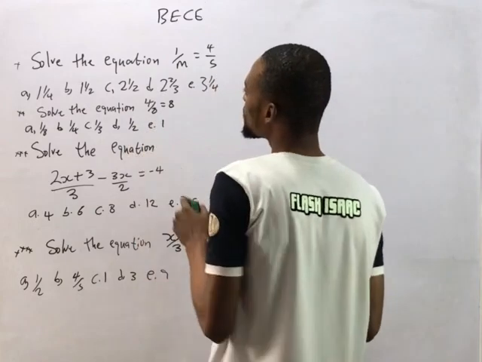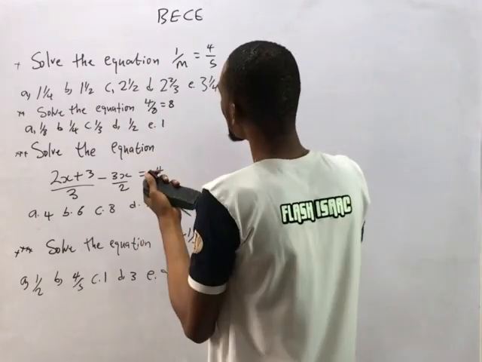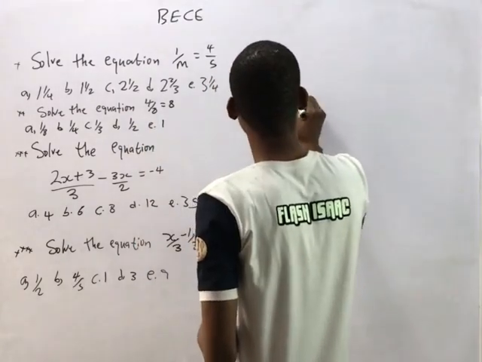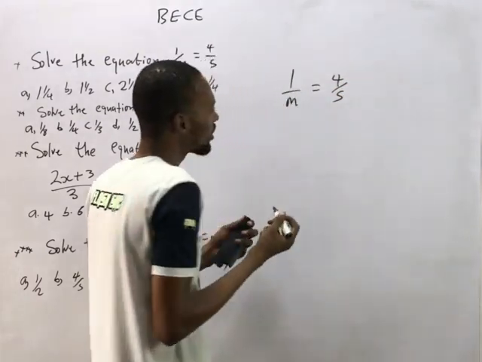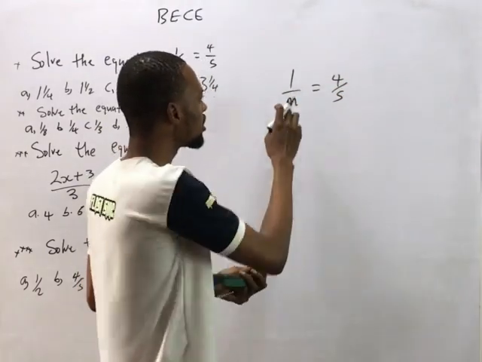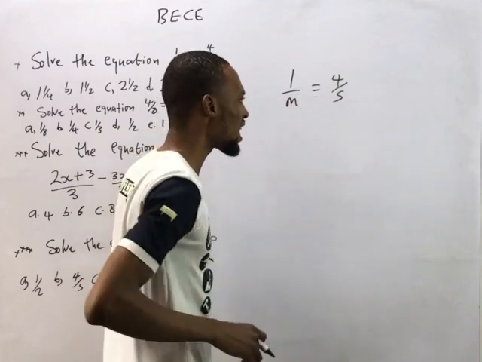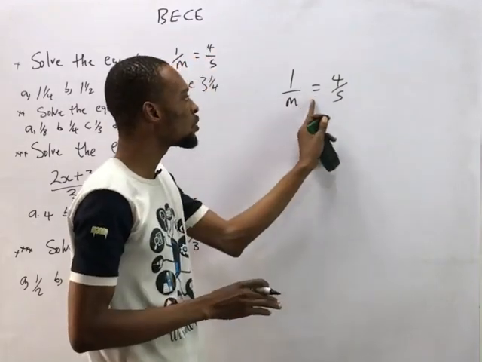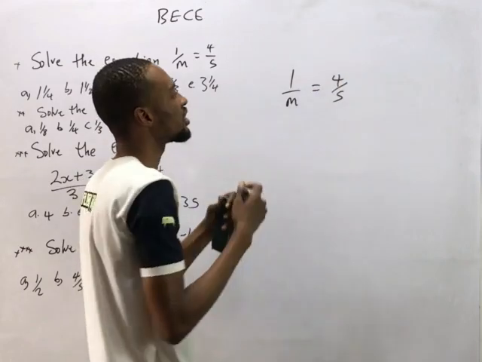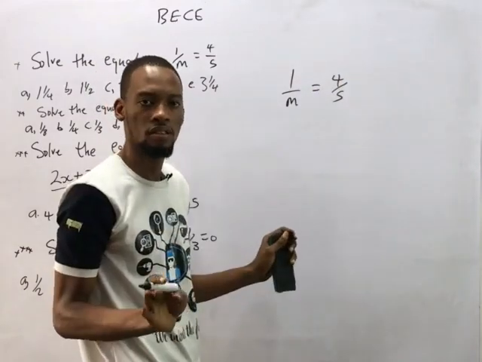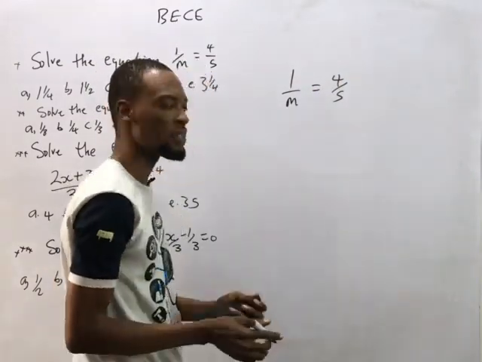So now let's see the BECE questions. The first question says 1 over m is equal to 4 over 5. Now, when you have this kind of equation, 1 over m equals 4 over 5, what you simply do is, there's an equality sign, fraction, fraction, and nothing here, nothing here. Cross multiply. That is it. And what is cross multiplication?